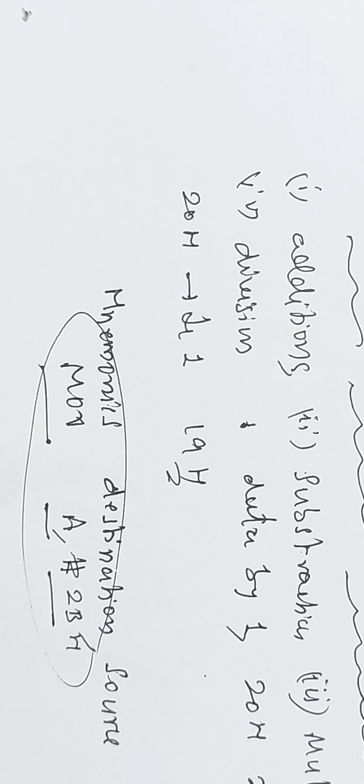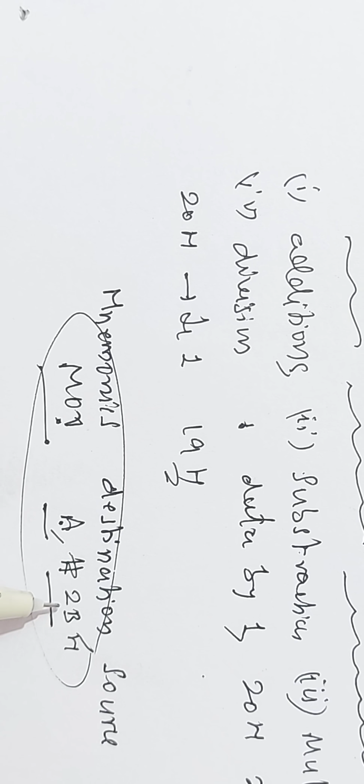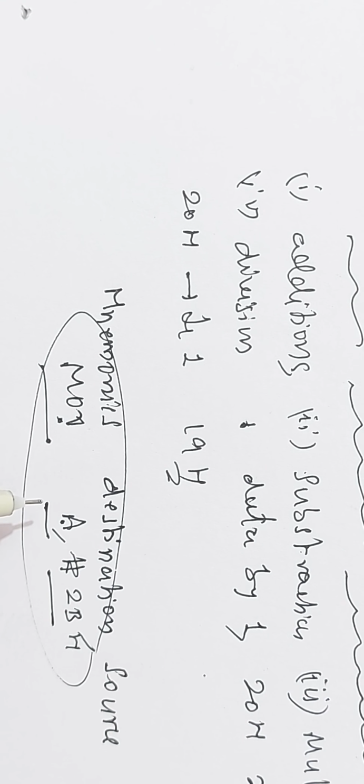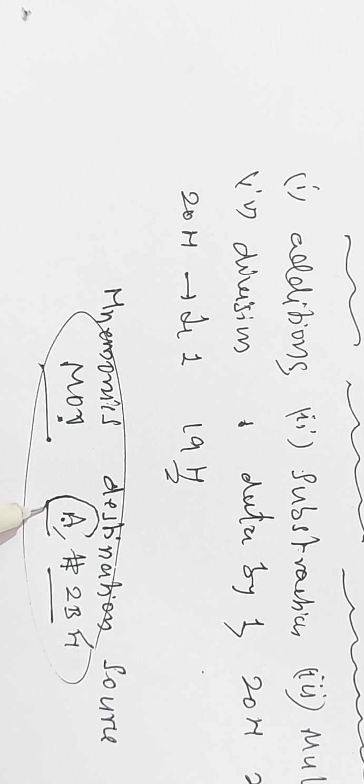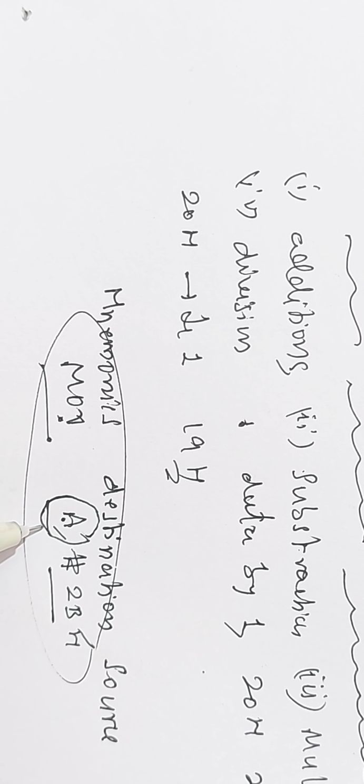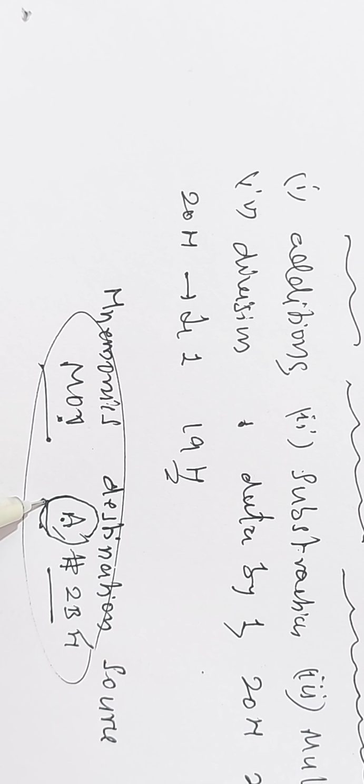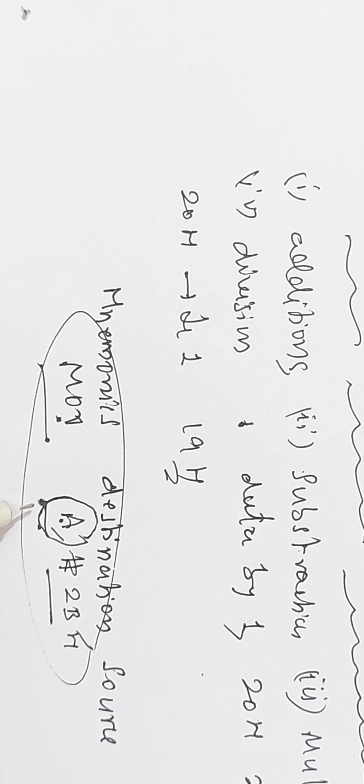Similarly, the arithmetic instruction consists of mnemonic, destination, and source. But in arithmetic instructions, the destination is always the register A. It is also called the accumulator.